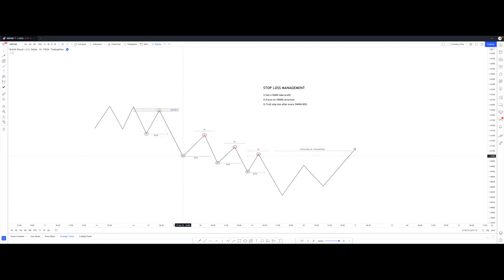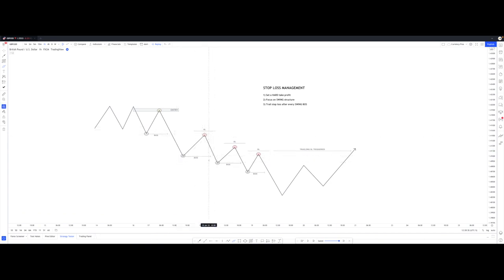Now, after that structure is broken, we need to see a retracement. A retracement is the only thing that's going to solidify this low, right? Because if we just start doing this and then it goes again, that's not a solidified low. So we need a correction, which is what we see here. That correction needs to stop and then reverse, breaking the structure again, which is what solidifies this high.